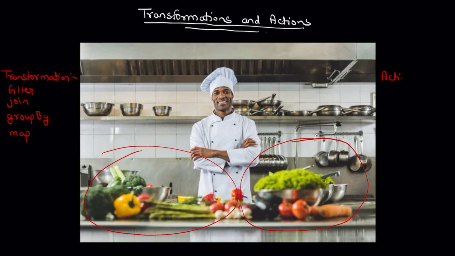Actions are basically like doing dot count, dot show, dot save as file. These are what actions are. Hope you were able to understand the difference between preparation and serving: preparation on data and what actually serving the data is.